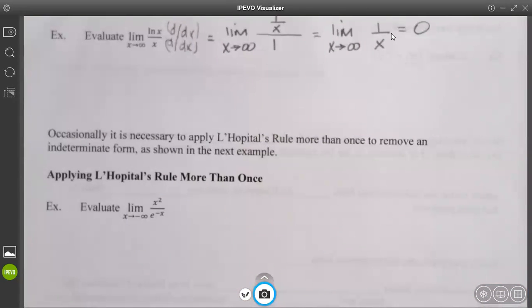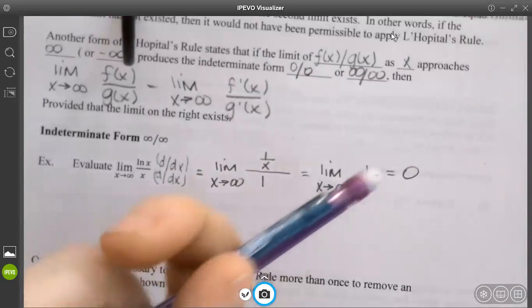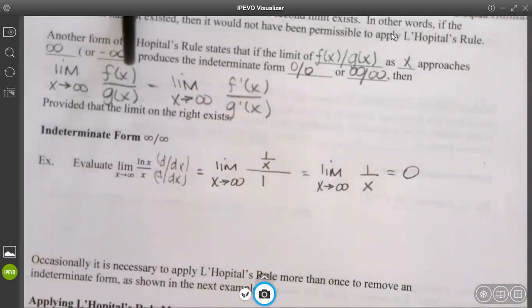Yeah. All right. Occasionally it's necessary to apply the rule more than once to remove an indeterminate form, as shown in the next example. So you need to test it every time. We're literally testing this, you just don't realize it because we're not getting another indeterminate form. So this is still a test when you're direct substituting or graphing it.